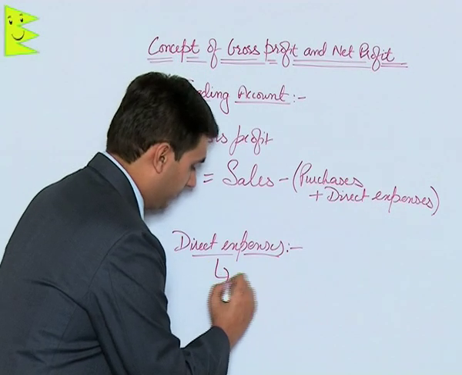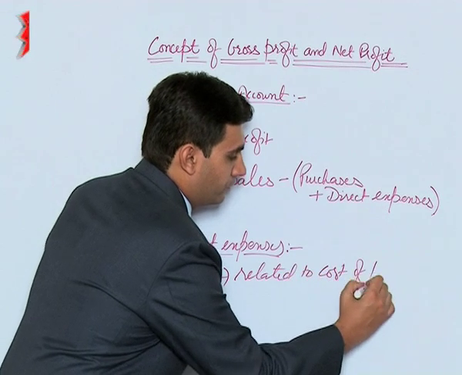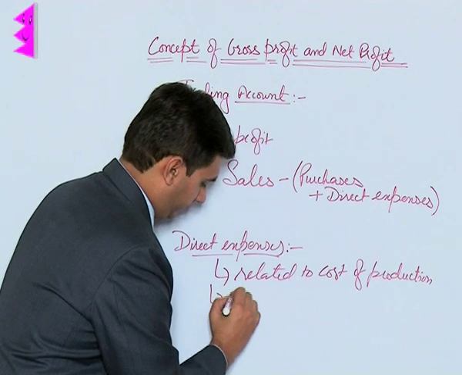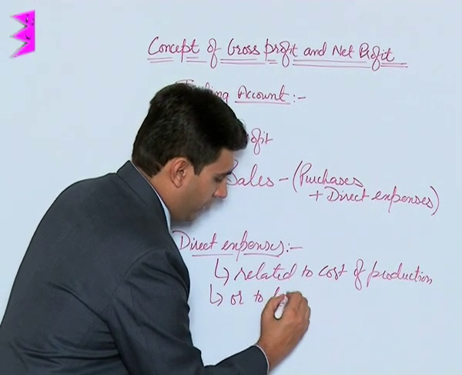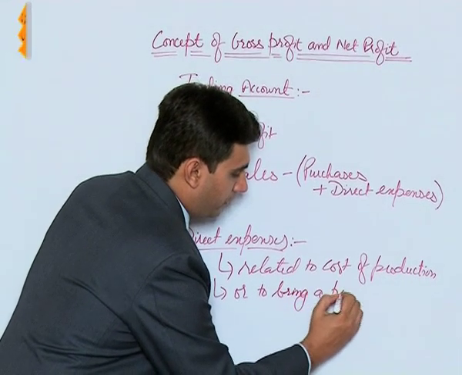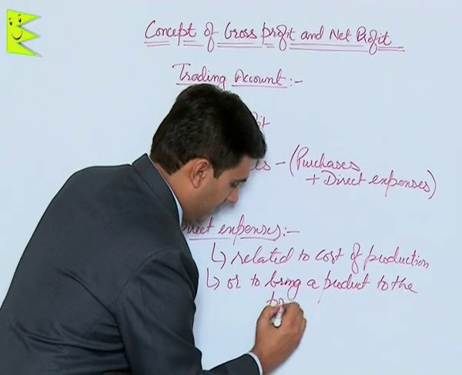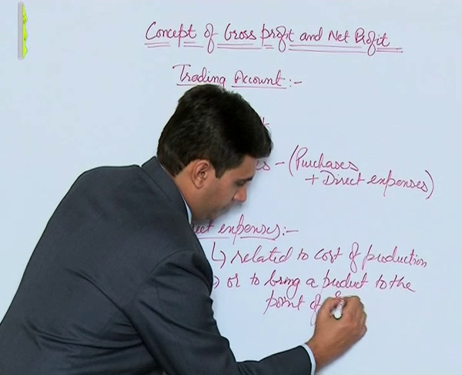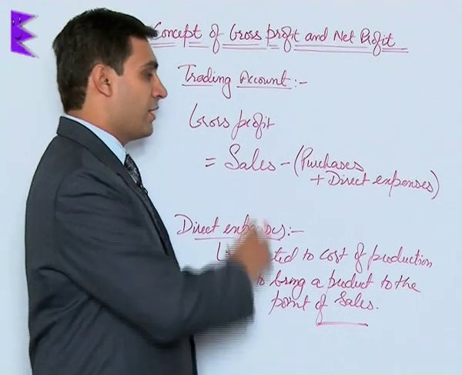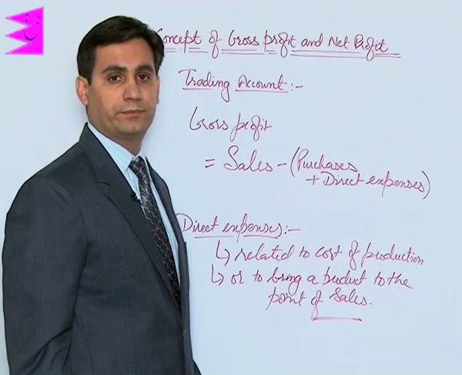So we can write it as related to cost of production or to bring a product to the point of sales. So we can calculate gross profit as sales minus sum total of purchases and direct expenses.